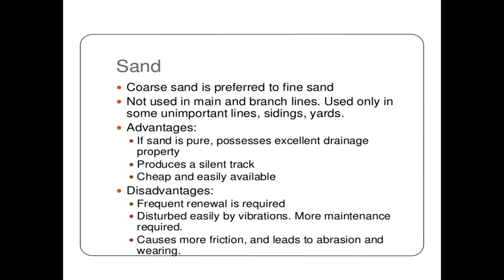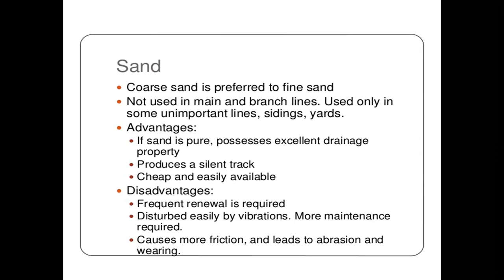The major disadvantages are that frequent renewal is required, it is disturbed easily by vibrations, more maintenance is required, and it causes more friction and leads to abrasion and wearing losses.